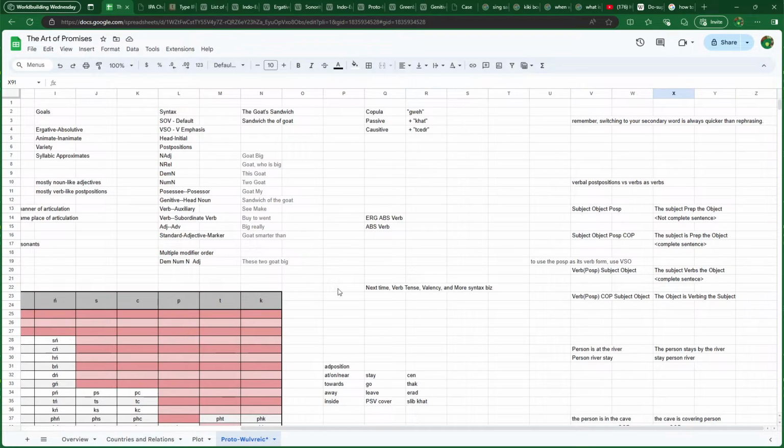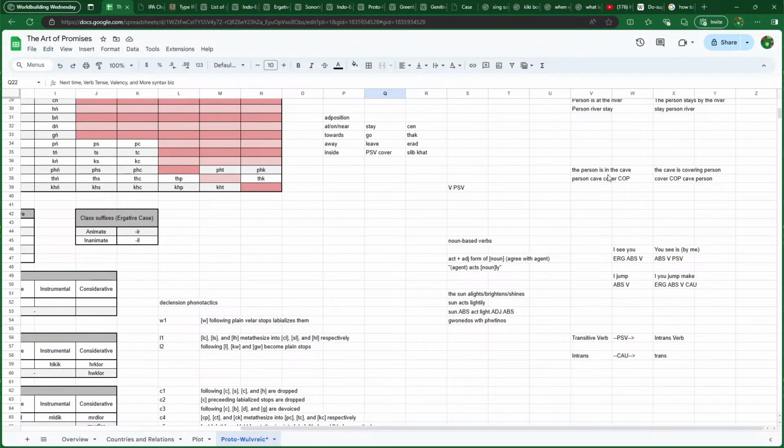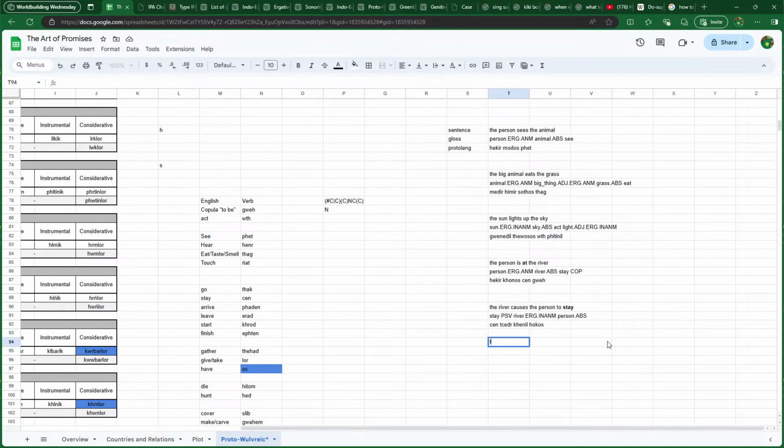What next? Verb tense, verb tense. Now that we got, oh, actually I want to do this. The person, ooh, there's two spaces there actually. So the person is in the cave.